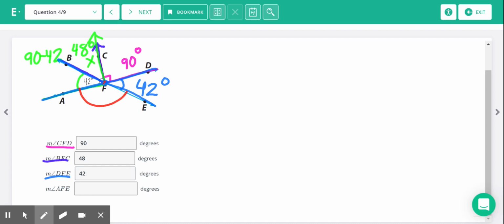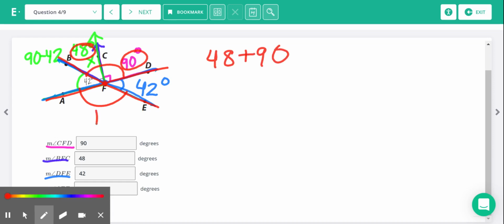I know that this is constructed of 48 and 90. That's one way to do it. 48 plus 90 is 138 degrees. There is more than one way to figure this out. You have to come up with the way that works best for you.